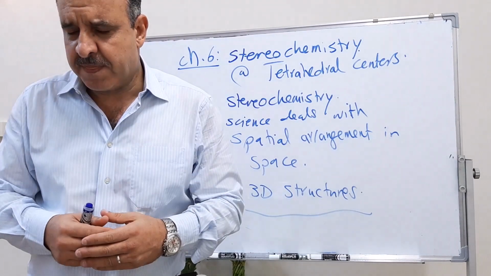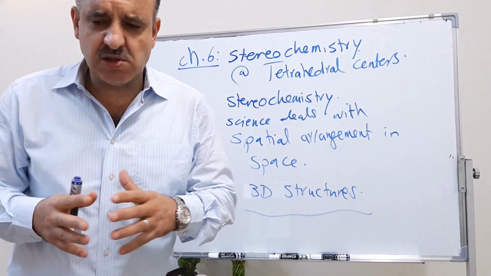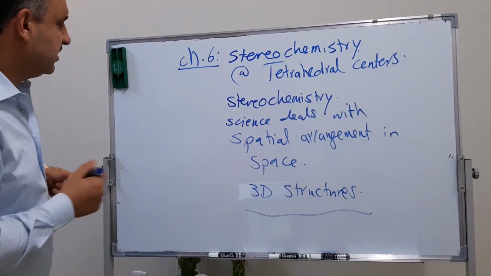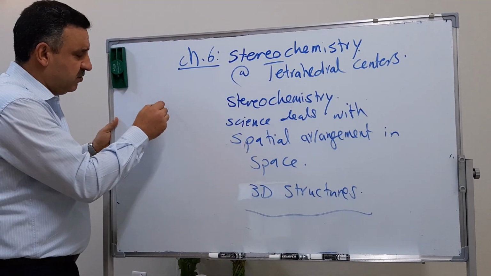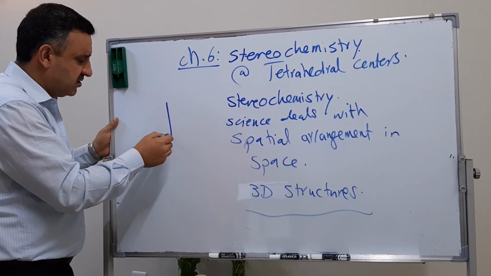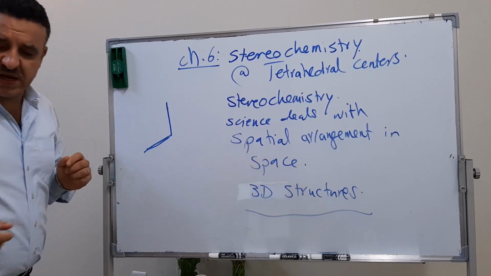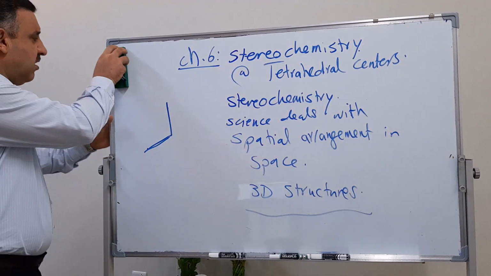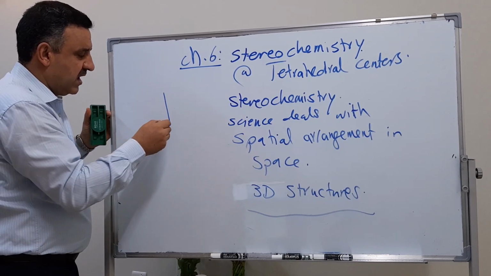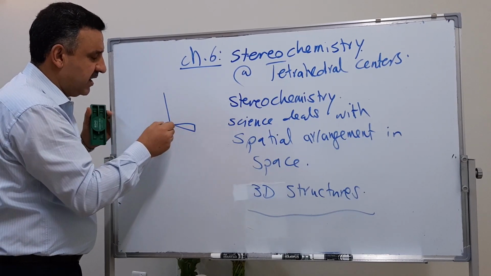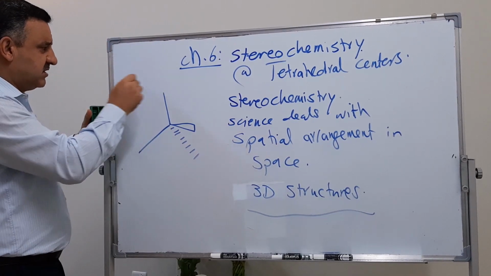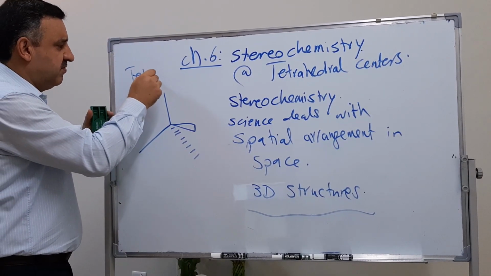First of all, let us define the three-dimensional structure at a tetrahedral center. Generally speaking, we view a tetrahedral by this way. We always view a tetrahedral by two lines in the same plane, and one line above the plane and one line below the plane. Again, this is the tetrahedral structure as we said before.